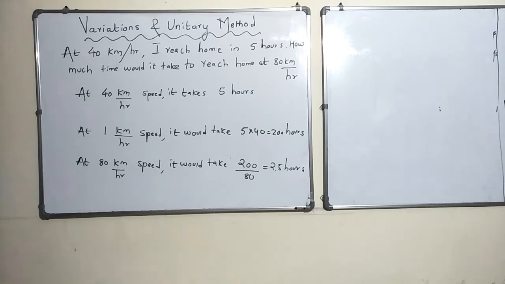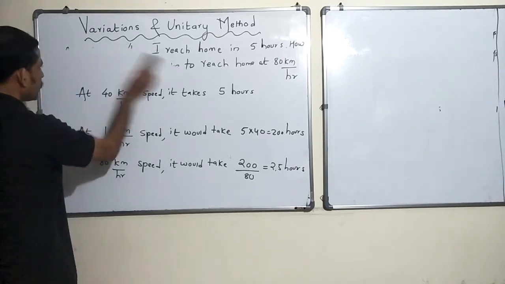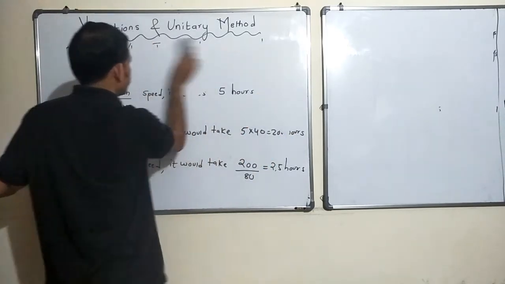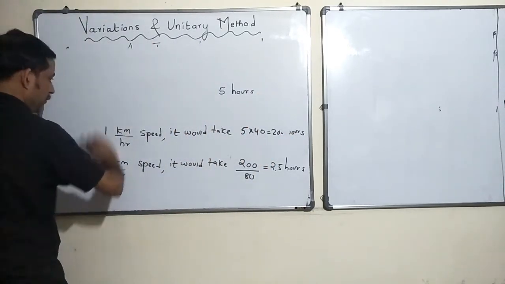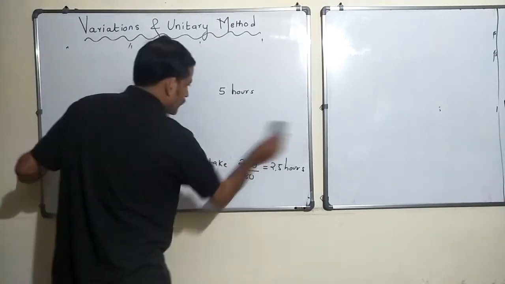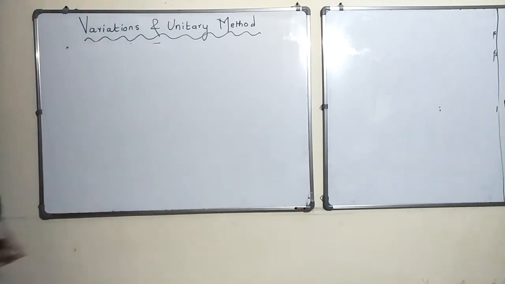And let's try one more problem. Tell me whether this is going to be a case of direct variation or inverse variation. All right, let's see. So, car rentals.